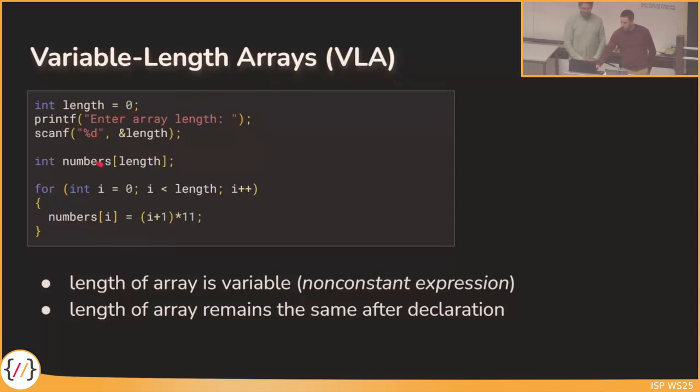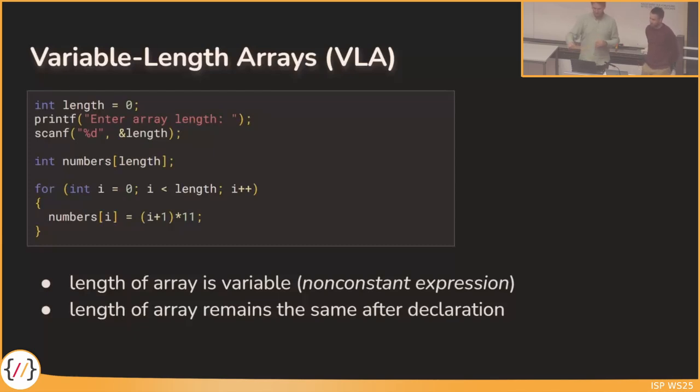So we just define the array with a specific length given by the user, and then, in the for loop, for example, we initialize the values. So if we have an initialization list here on the right side, independent of a variable length array, we don't have to specify the length, because, as you said, it's implicitly given by the number of elements that you have in the initialization list. But in this case, we need the length.